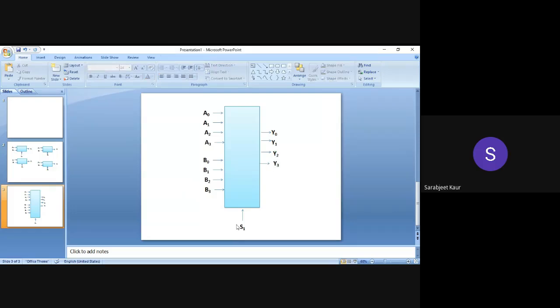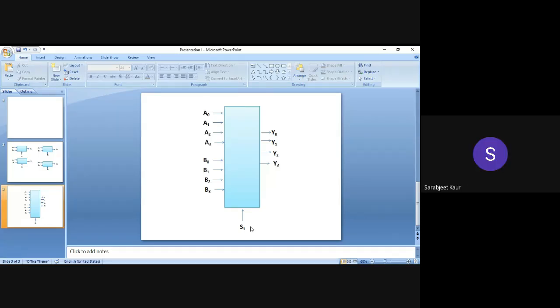Any problem up till now? No, ma'am. And then the selection lines. Now please see what is the difference between a mux with 8 inputs, how many inputs does this mux have? 8.